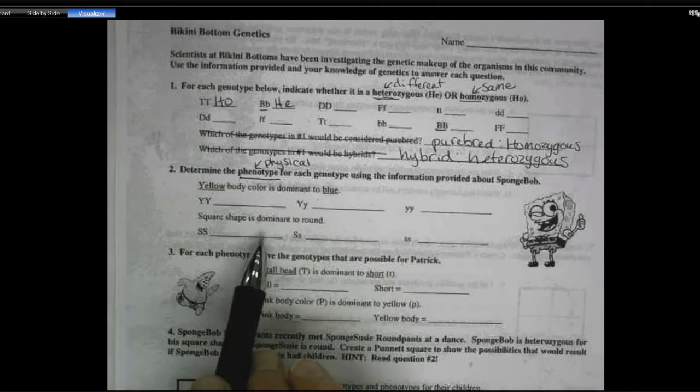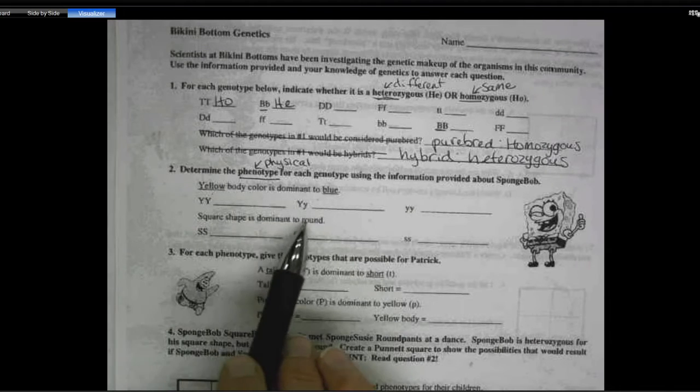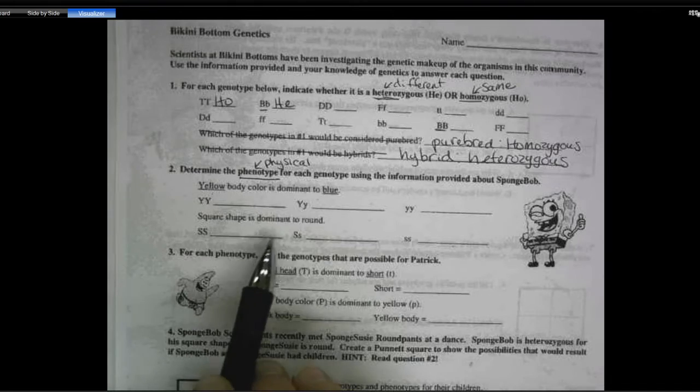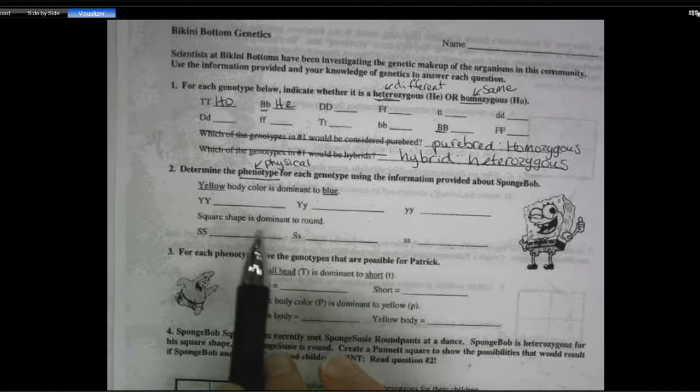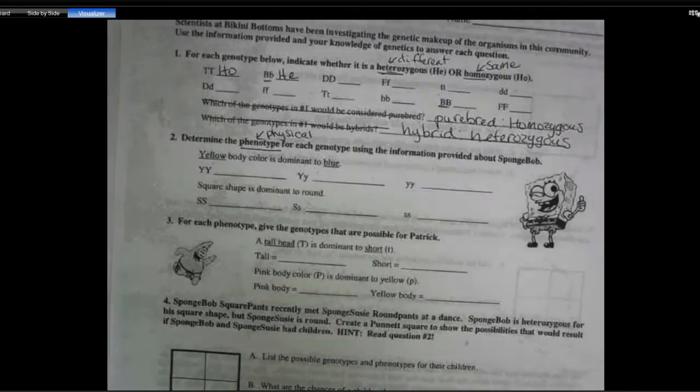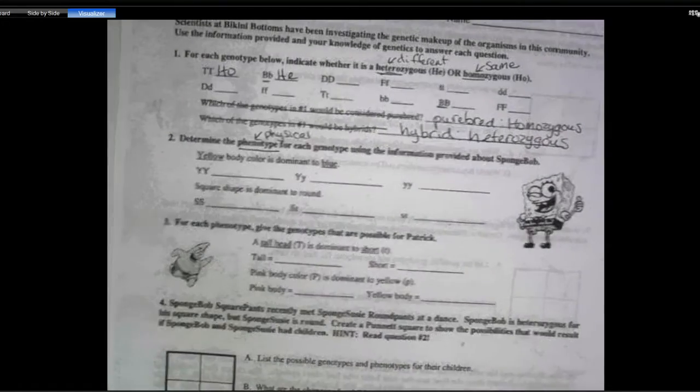And the same here, when square shape is dominant to round, that means square shape is the uppercase S, well, round is the lowercase s. So are you going to see square or round for each of those genotypes, okay? And then we're going to get down to number 3.